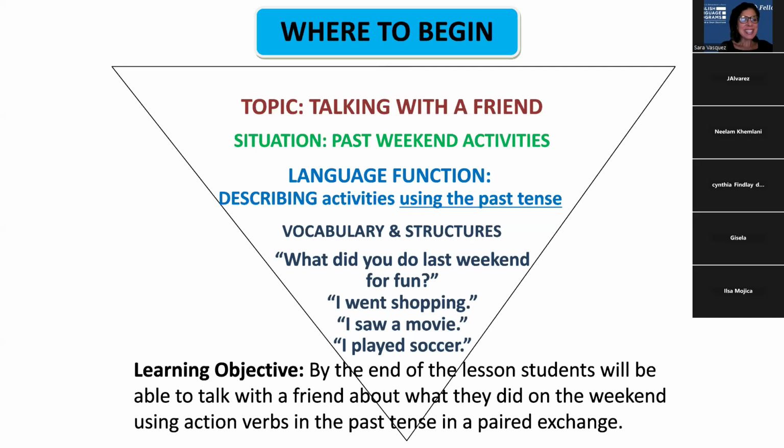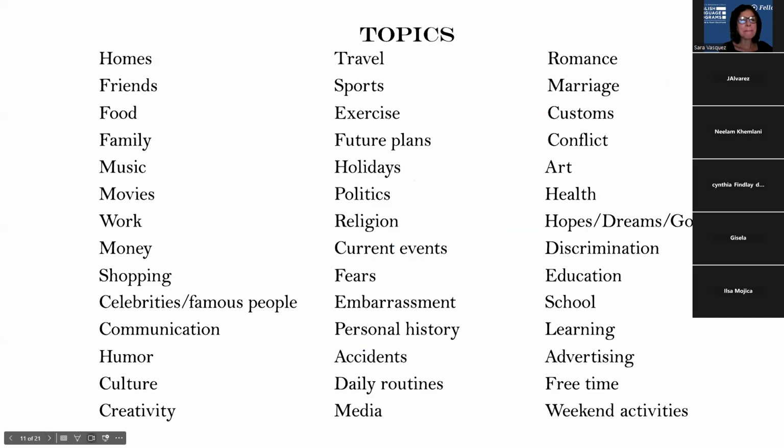All righty. Well, let's see how well you guys can produce your own learning objective. Let's take a look at the next slide. Here are some topics for you to choose from. So take a look. We have topics on homes, friends, food. Look all the way down the first column. Peruse the second column.